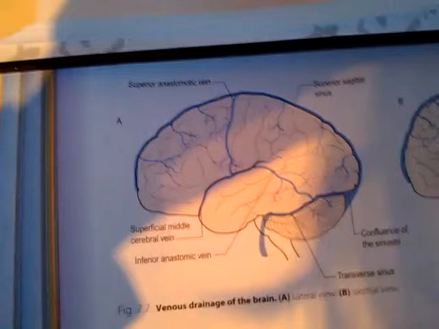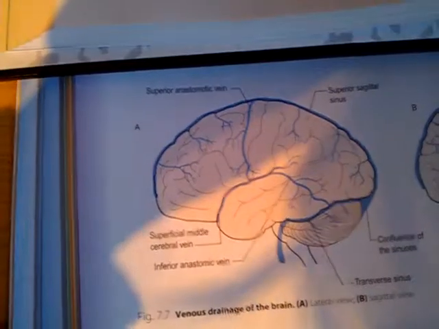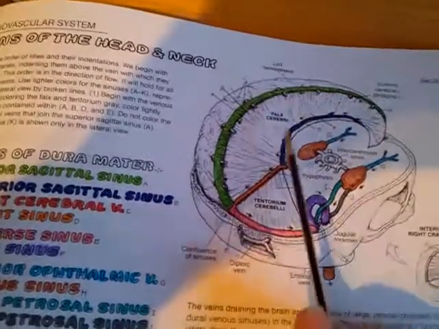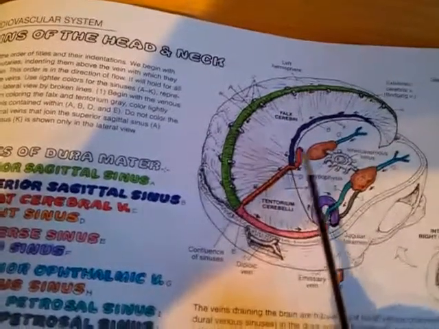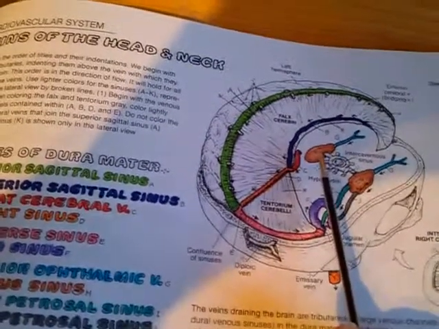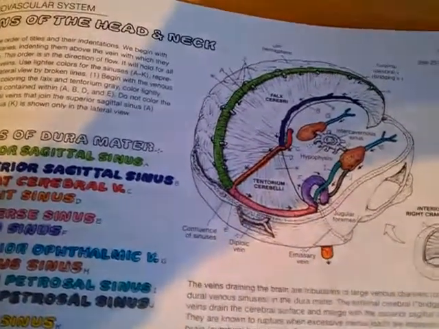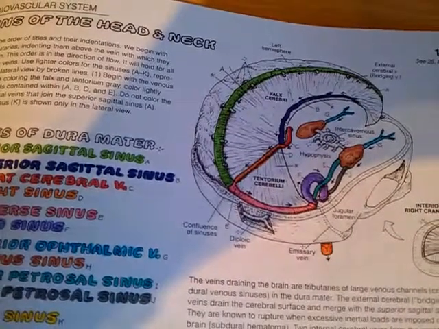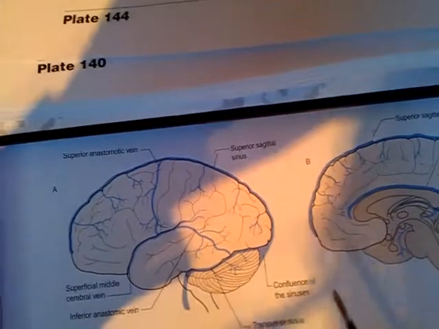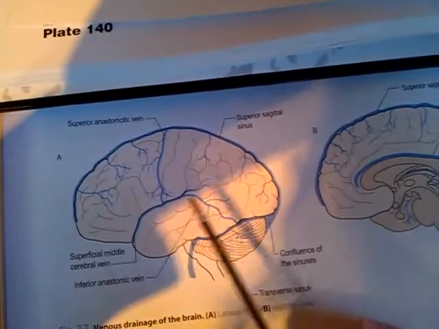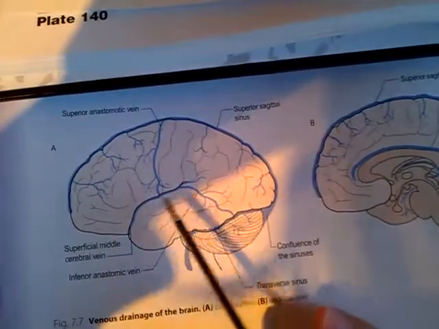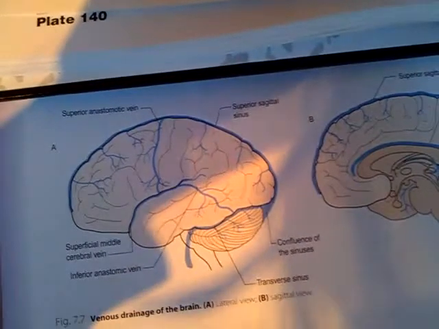The inferior cerebral veins open into the inferior sagittal sinus, and the cavernous sinus, and the transverse sinus. The superficial middle cerebral vein opens into the cavernous sinus.